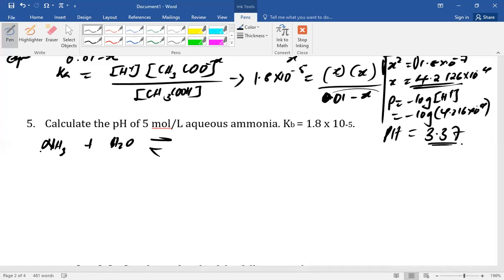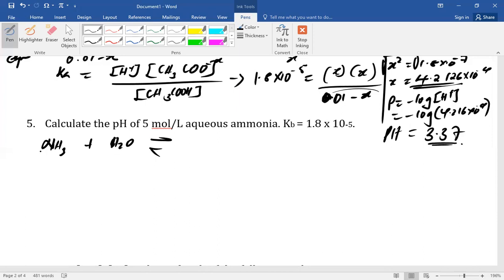Remember in the previous case when we were applying the Bronsted theory, we found that the water there was a base, and we had to get a conjugate acid. But because ammonia is a base by nature, water here is going to behave as an acid.